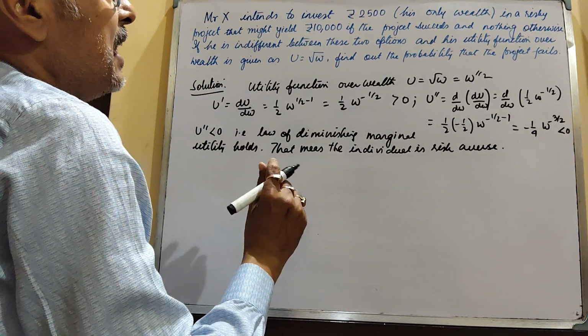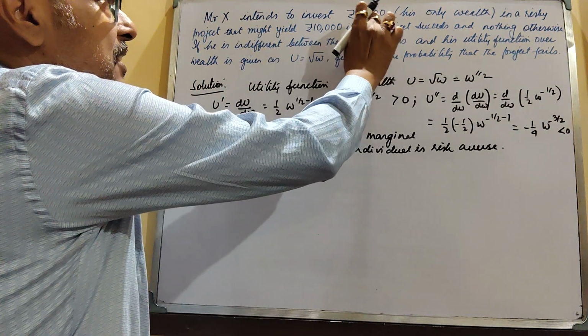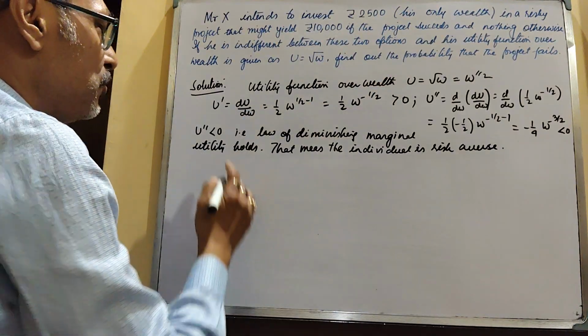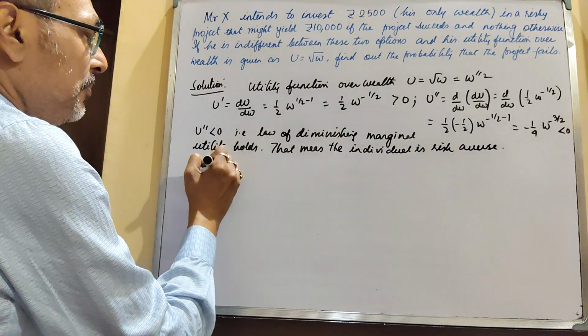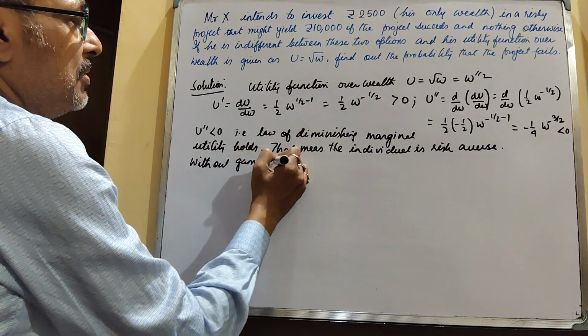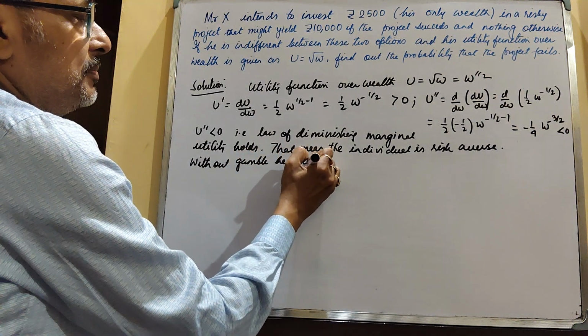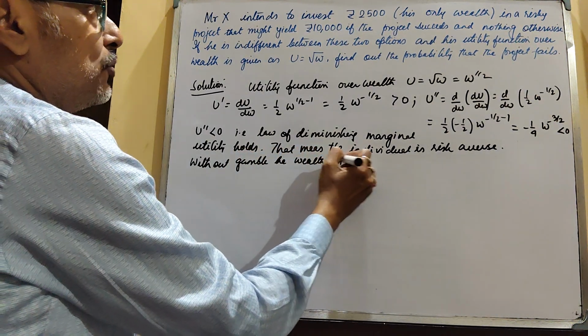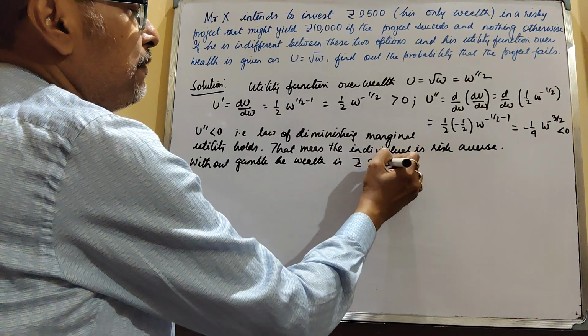His initial wealth is 2500, that is without gamble. Without gamble, his wealth is rupees 2500.